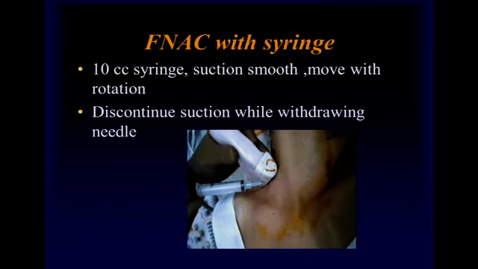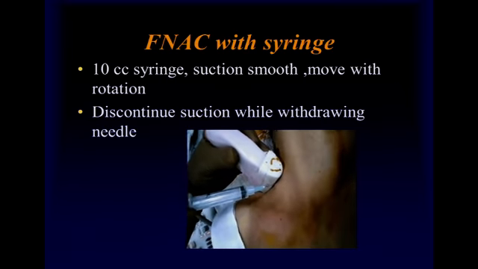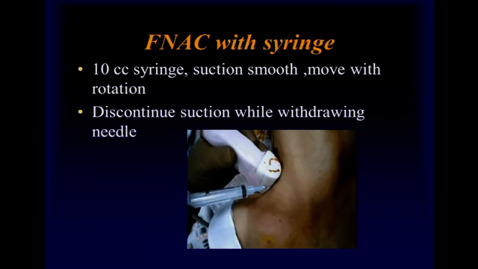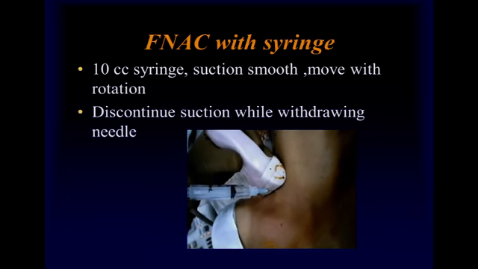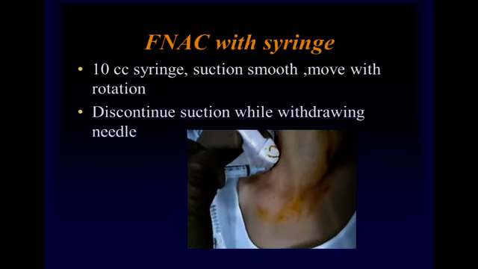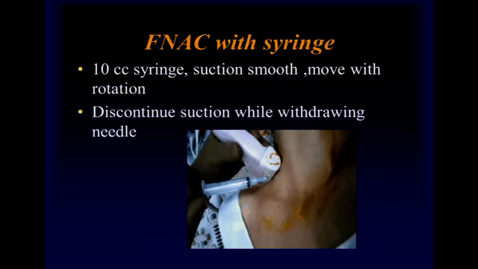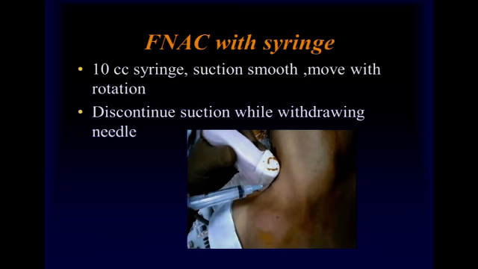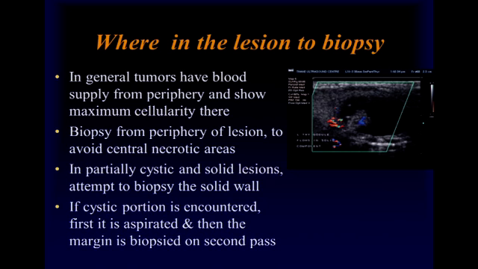We can also do an FNA with syringe where we put a 5 or 10 cc syringe and then apply a slow suction. And then also move the needle with rotation as we do that. It is very important to discontinue the suction while withdrawing the needle. It is very important to biopsy from the right area.